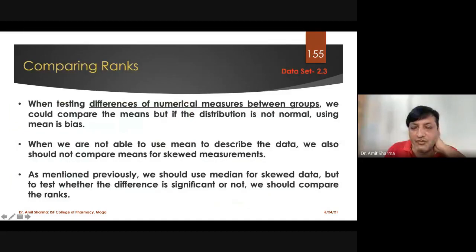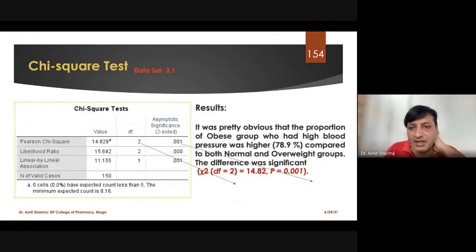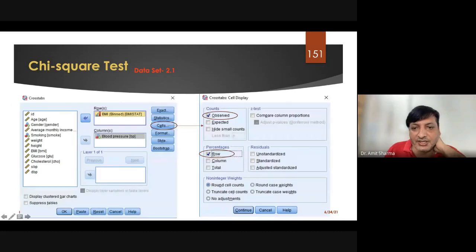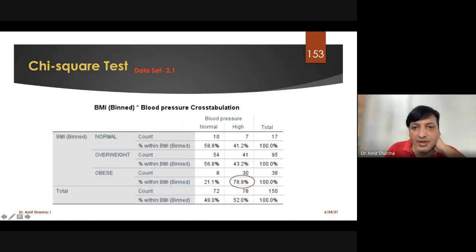So what kind of mistakes are students making? They will not check the row under the option called cell. So they are not going to get the percentage data.